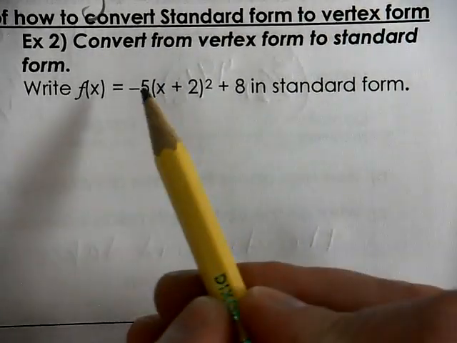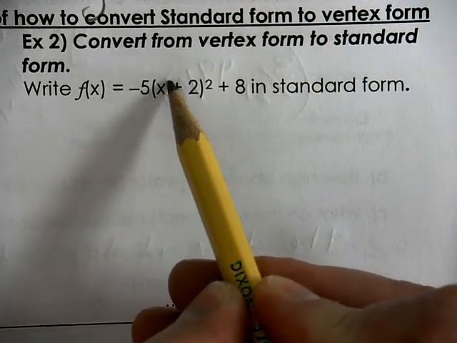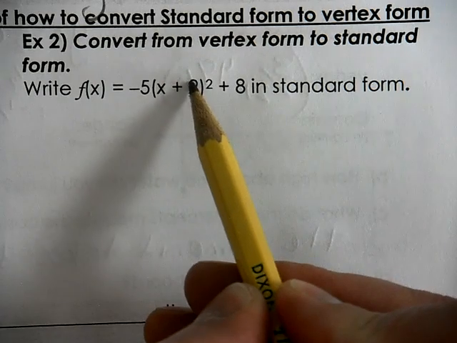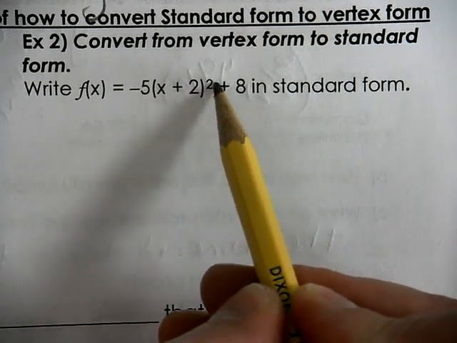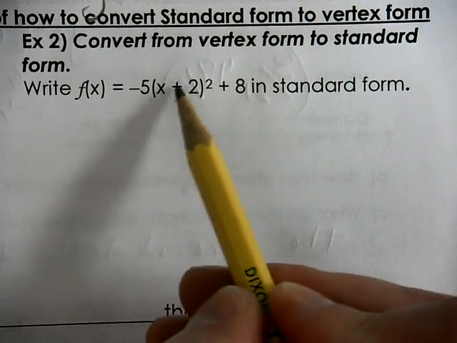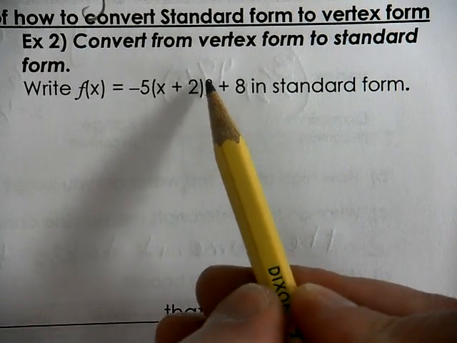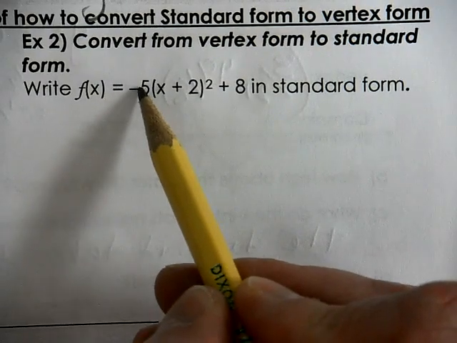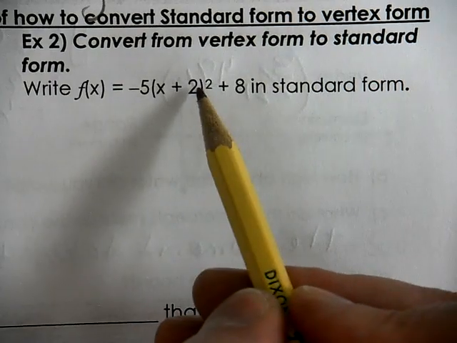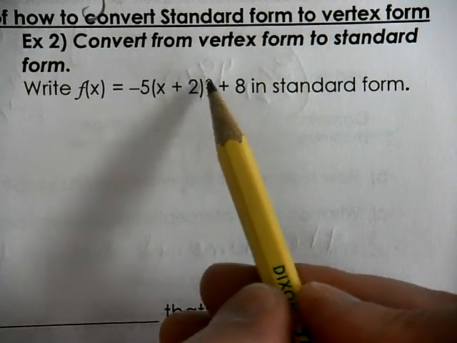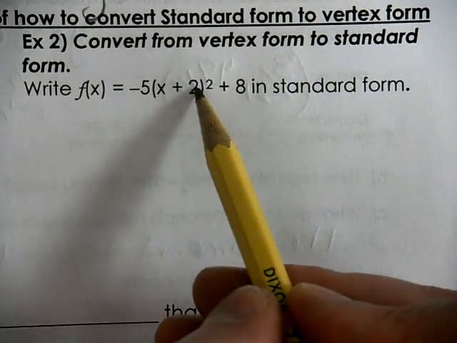Some common mistakes. One of them is thinking that you can distribute your negative in, but this is squared, so you don't really have x plus 2. So you can't say that this is 5x and 10 or negative 10 because this is squared. You cannot distribute the square through either.